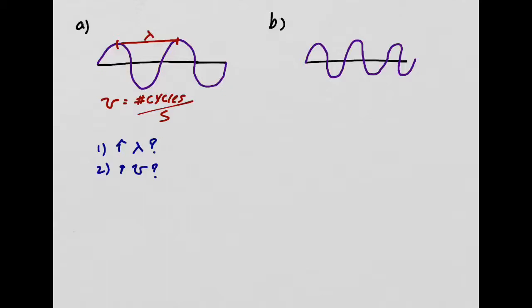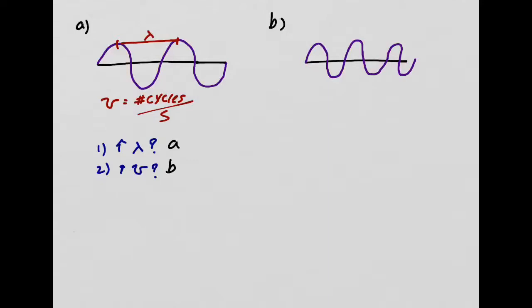A, right? A has a higher wavelength because you have bigger waves. Which one has a higher frequency? That would be B because you have a smaller wave, but that means you have more of them. Here you have a big wave, you have less of them. You have a smaller wave, that means you have more of them.